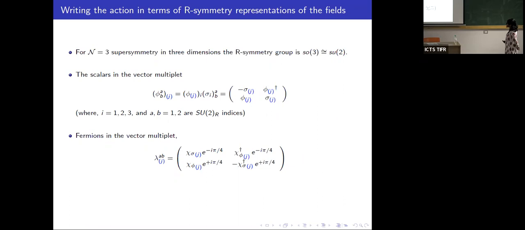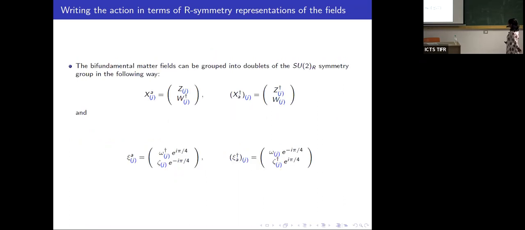For that, we arrange all our component fields in some representations of R symmetry. In this case, the R symmetry group of the theory is SU(2). So we arrange all the scalar fields of the vector multiplet in this 3 of SU(2), denoted by this 2 by 2 matrix phi_AB, and all the adjoint fermions in this 2 by 2 matrix lambda_AB.